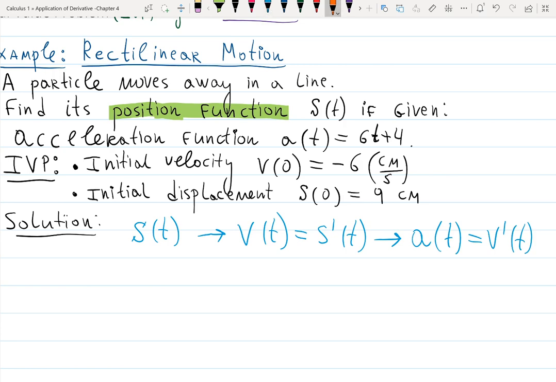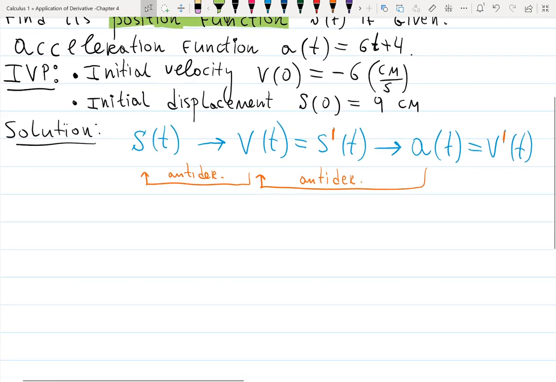So if I want to go back, and that's exactly what I'm doing here, from acceleration, I need first to integrate or find the first antiderivative to get to velocity, and then I will integrate and get to position function. Make sense? So I will find antiderivative, and one more time, antiderivative. Instead of differentiating, basically I'm doing the reverse of differentiation. That's the whole idea. Let's start doing that.